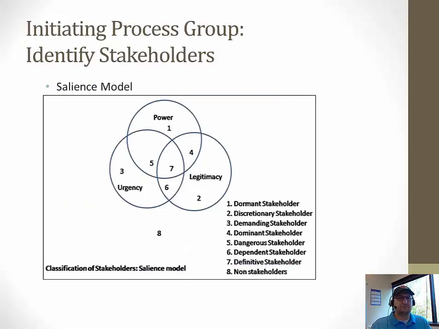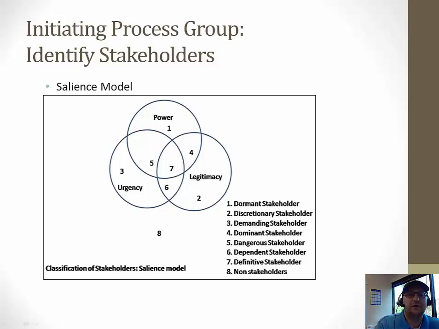Okay, so the salience model is another tool to classify stakeholders. It's really like a Venn diagram. It creates 8 areas, 1 through 8, and you'll see the numbers there. Number 8 is a non-stakeholder in this particular classification.